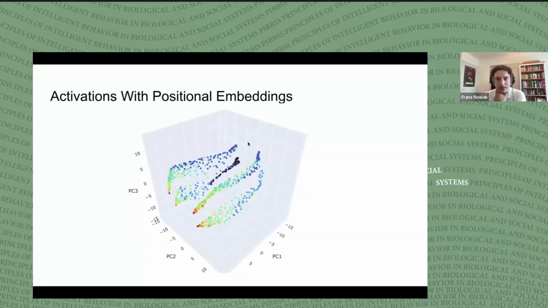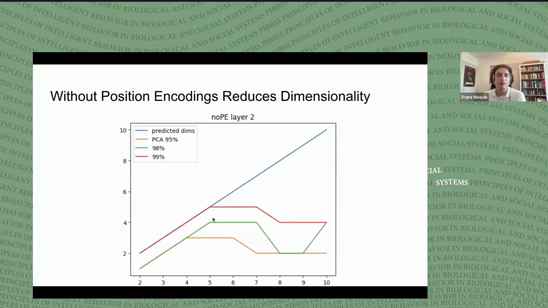And if we look at the activations here, we still see that there is some clear ordering. So this color gradient with blue, green, yellow, red, and brown is still ordered according to the actual state, so the number of open parentheses minus the number of close parentheses, but it requires many more dimensions. So it's a bit more distributed in the space.